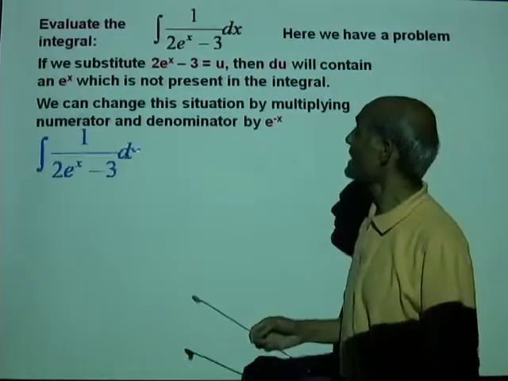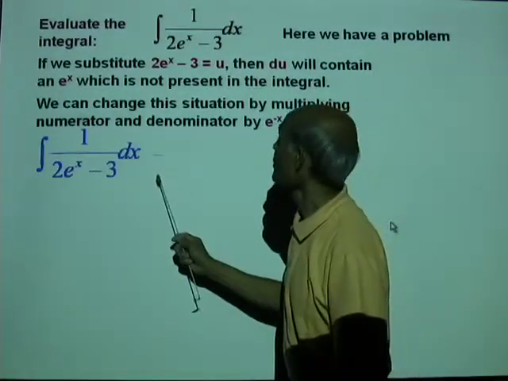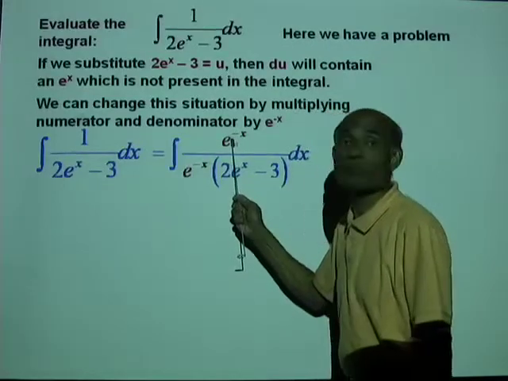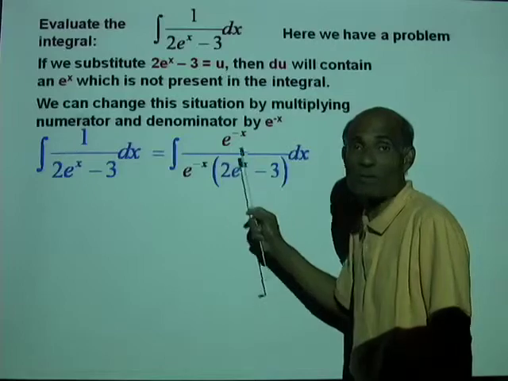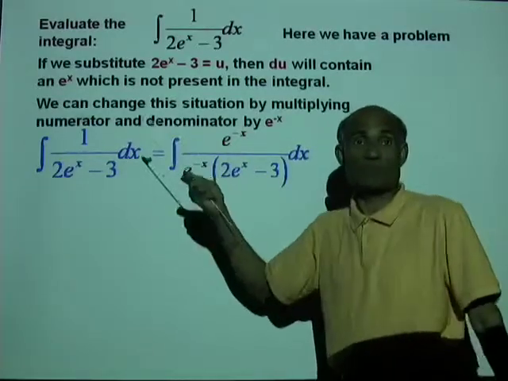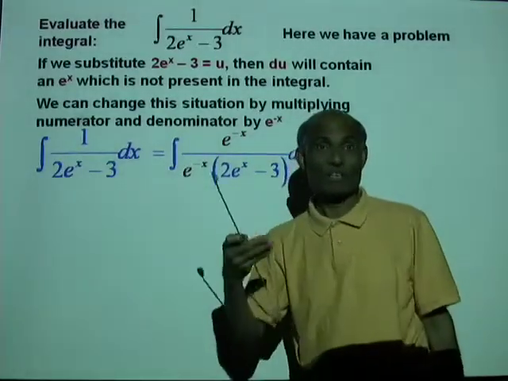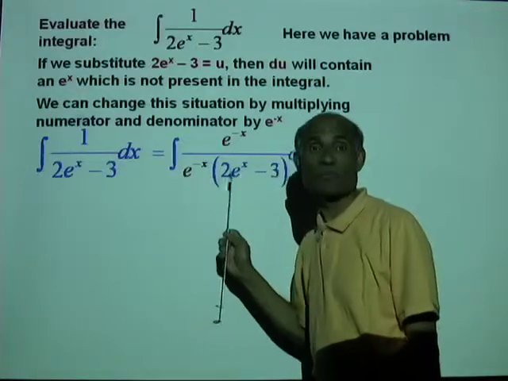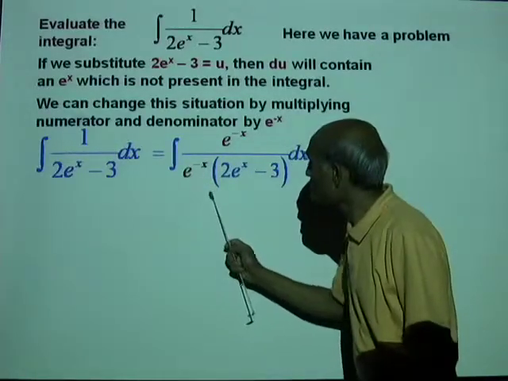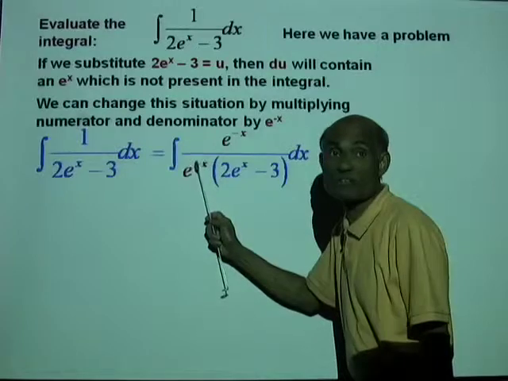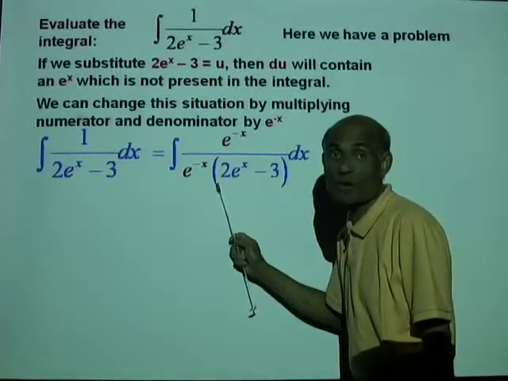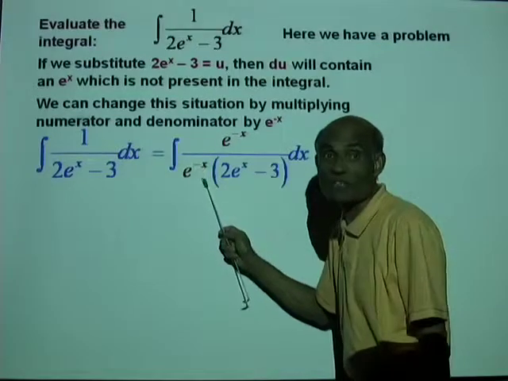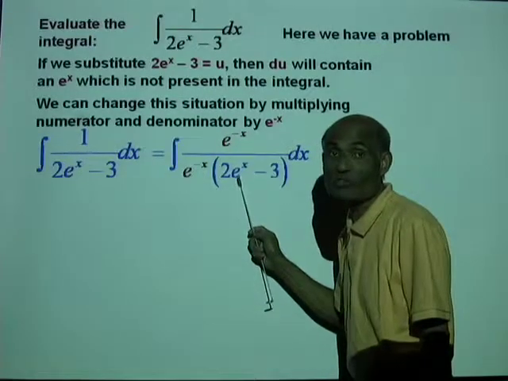Alright, let's do that and see what happens. So multiply the numerator by e to the power of negative x and the denominator by e to the power of negative x. If you don't want it, you can just cancel them. But we want them because this is going to change our situation. Alright, tell me now, distribute that e to the power of negative x. You should know that e to the power of negative x times e to the power of x will be 1.